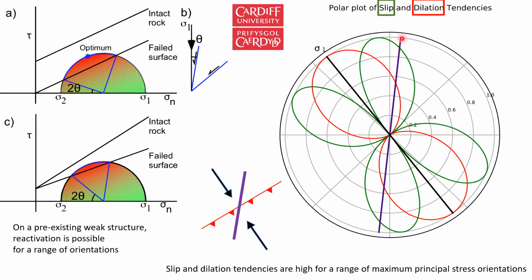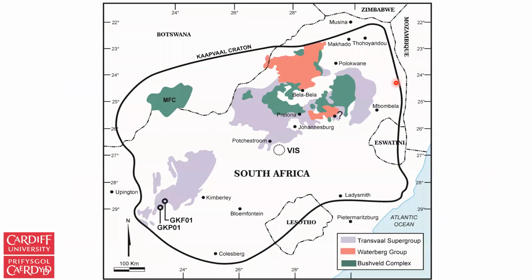If you look at the orientation of the Great Dyke in this line here, you can see that for that stress system, the Great Dyke has got an almost full slip tendency, and even the dilation tendency is well over a half. So it doesn't really matter what the precise orientations are. If we have an oblique pre-existing feature with a reduced strength, we are easily able to reactivate it for that sort of stress system.